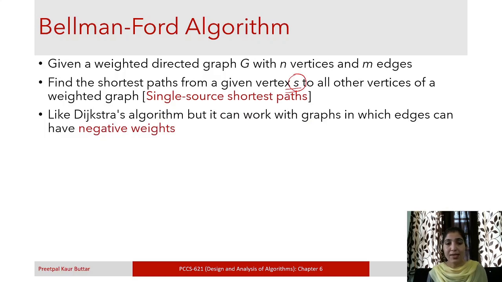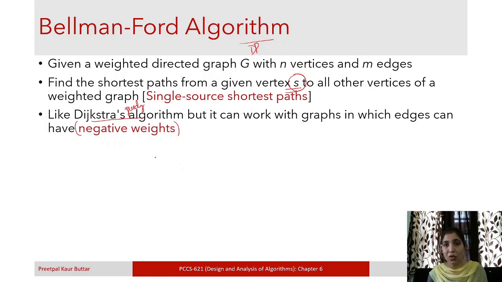So then what is the difference between the Bellman-Ford algorithm and Dijkstra's algorithm? Dijkstra's algorithm, first of all, is based on a greedy approach, while the Bellman-Ford algorithm is based on a dynamic programming approach. Both are used to find the single source shortest path, but Dijkstra's algorithm cannot work in a graph in which edges have negative weights.